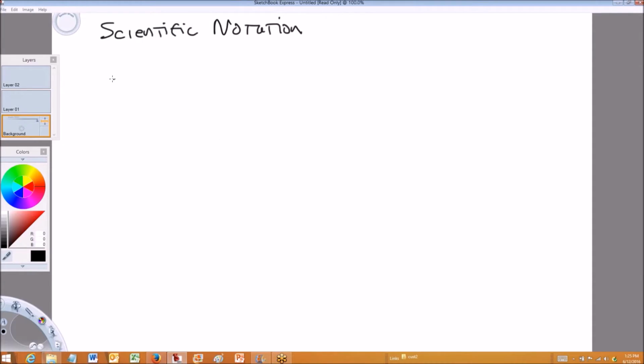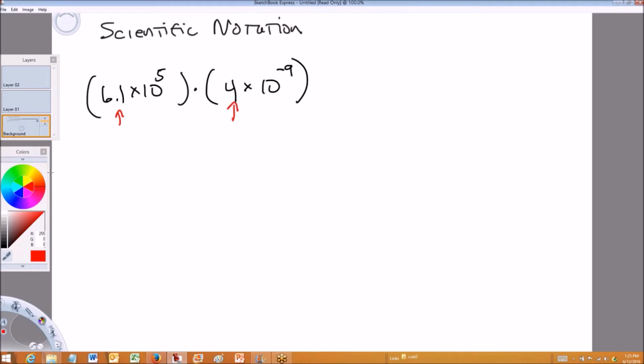Okay, now we will do multiplication of scientific notation. And I'm looking at example 11 in the text on page 29. Now with multiplication, unlike addition and subtraction, it's actually easier because we can regroup by like terms. Like terms are these two and these two.